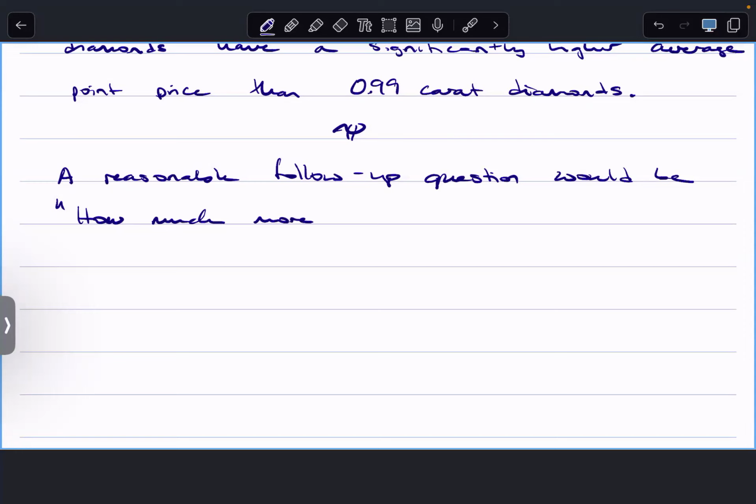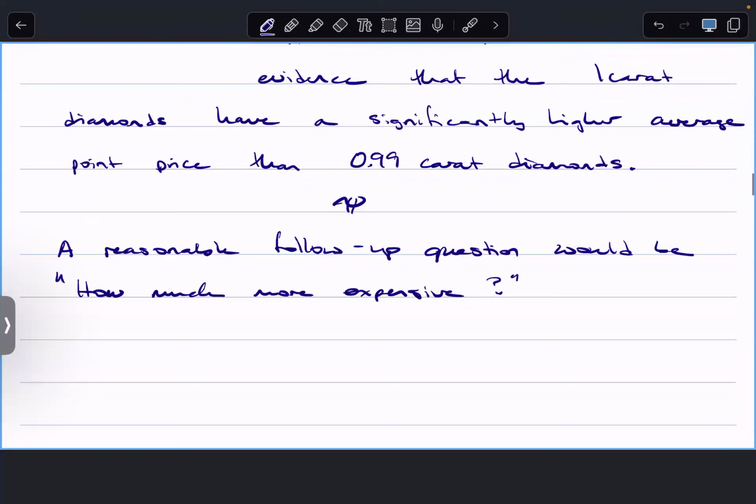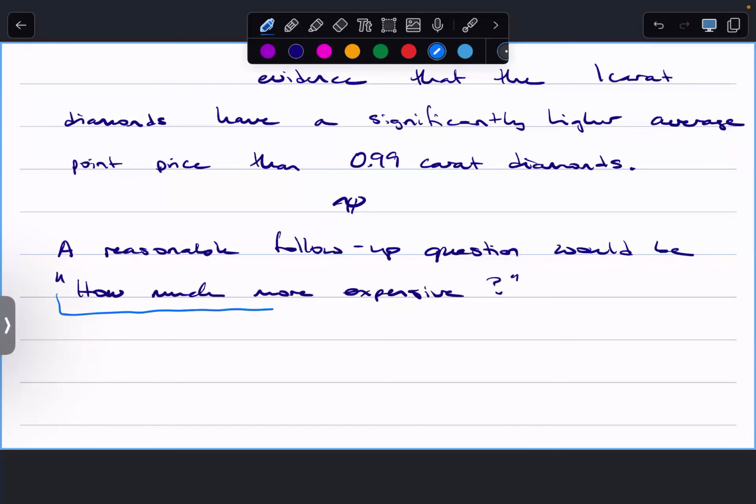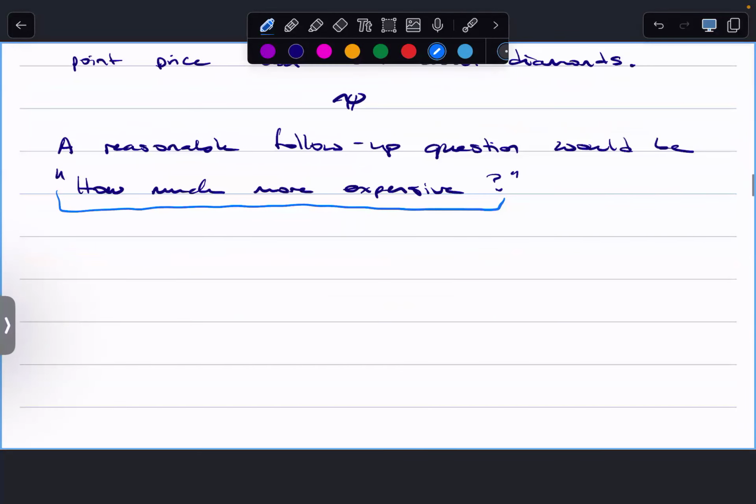How much more expensive? I'll use kind of an incomplete sentence there because I think we get it. I'll save it for my confidence interval question. And so to answer this, we need a confidence interval.